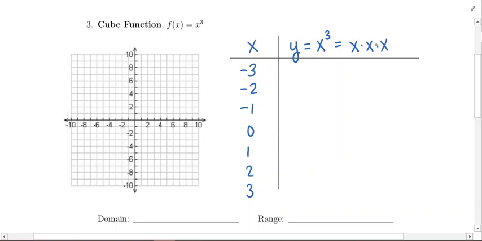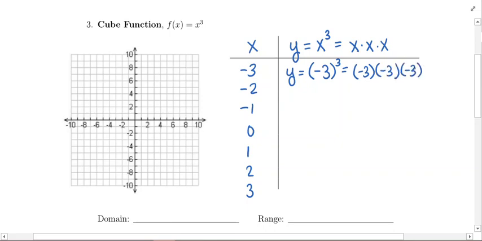We're going to take each x value, plug it into the formula to get the corresponding y value. That will give us an ordered pair, x, y, that we can plot. Let's start with x equals -3. The y value is going to be the x value, -3, that entire quantity cubed. That just means you're taking -3 and multiplying it by itself 3 times.